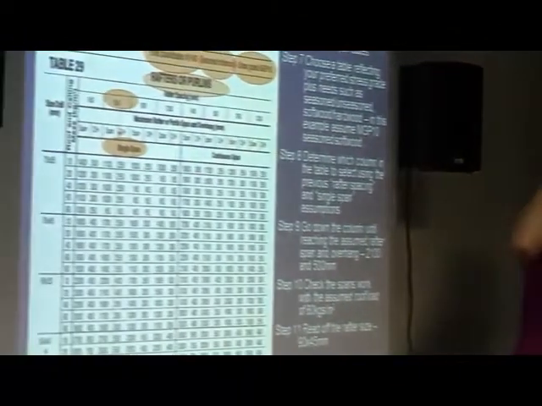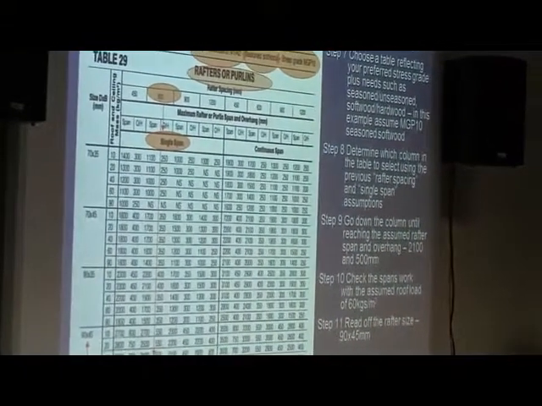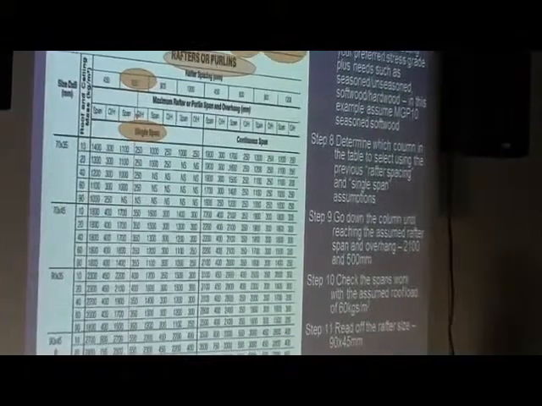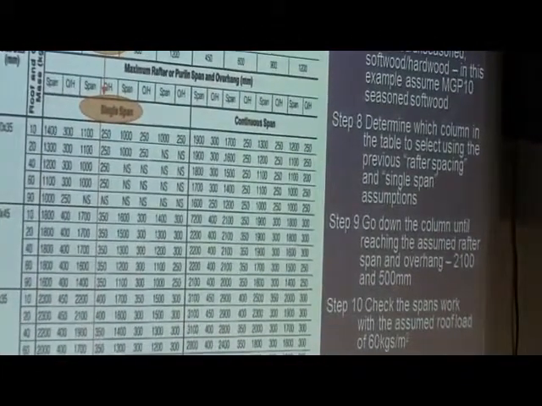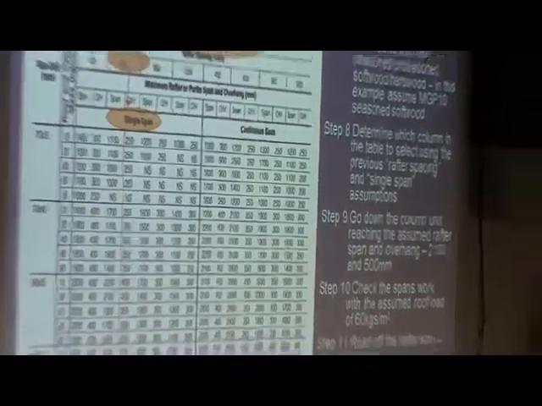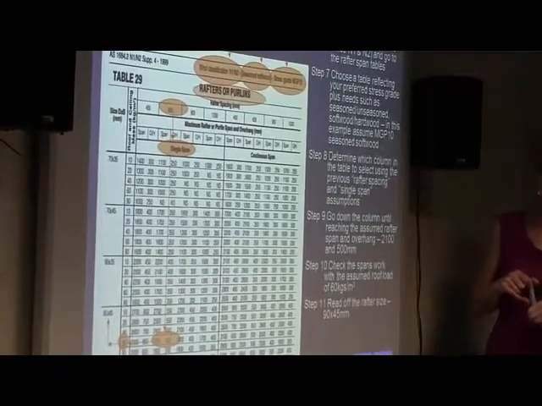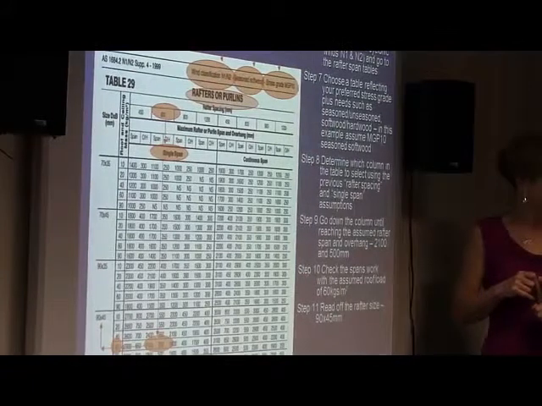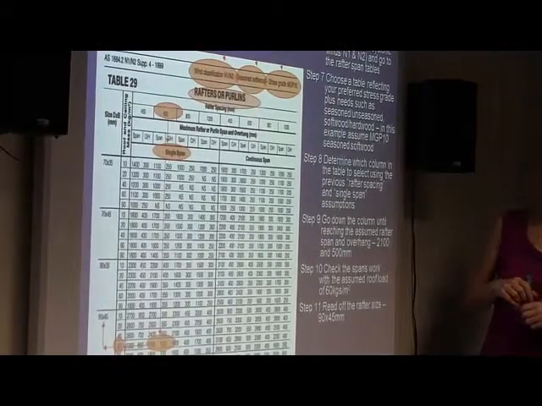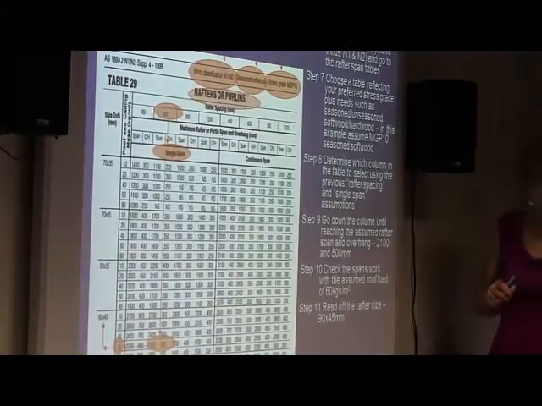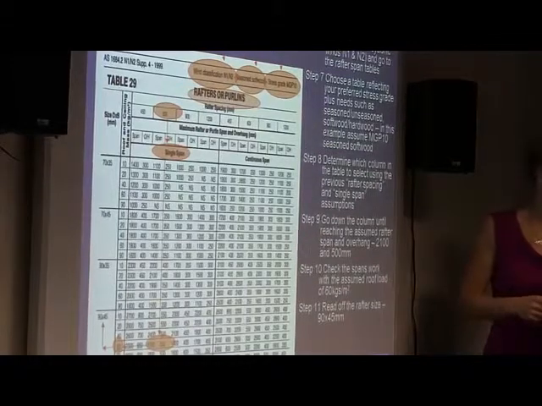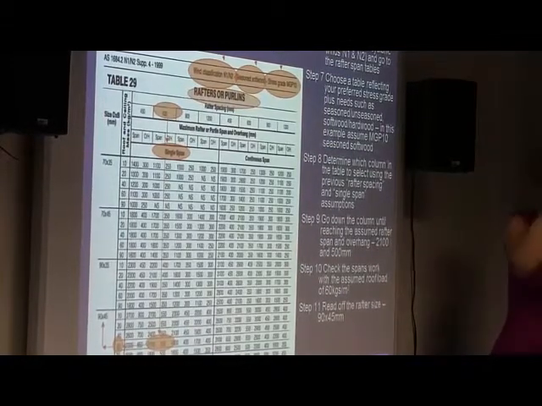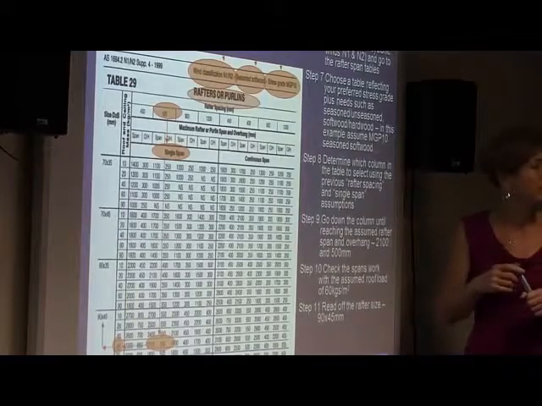So then we would go to our AS 1684, volume 2, which is for non-cyclonic winds N1 and N2, and we go to the rafter span table, which is number 29. Okay, so table number 29 is for rafters, and the one I've given you is not MGP10, I'm afraid, it's F7, because later on in the example we're going to do is with F7.